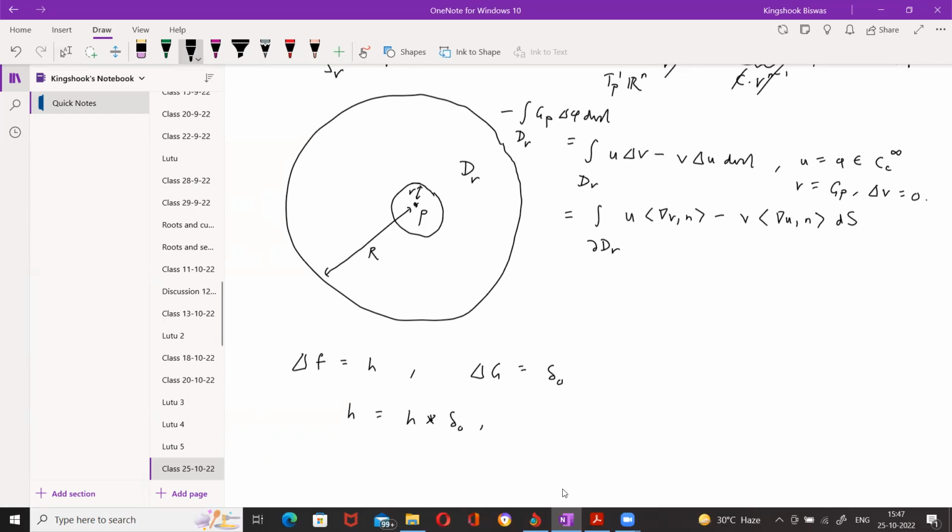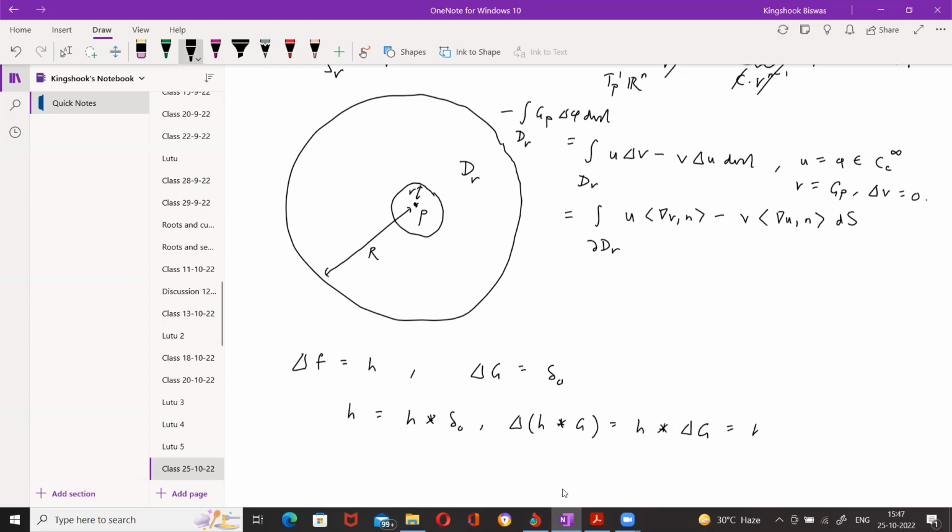And so the Laplacian of f convolved with g, sorry, the Laplacian of h convolved with g, this would be h convolved with the Laplacian of g.